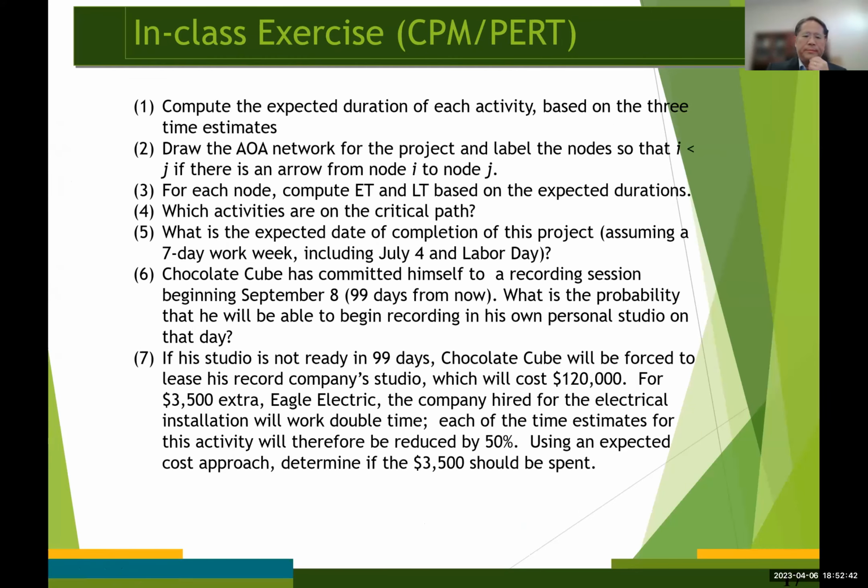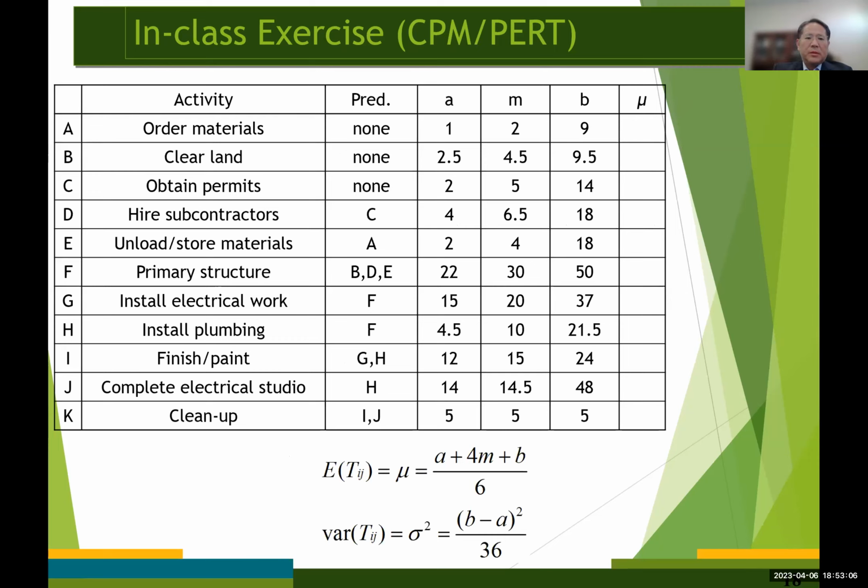Okay, so let's try to answer this series of questions. The first one is asking us to compute the expected duration of each activity based on the 3 time estimates. So for the first question, what you need is, using this formula, we need to obtain the mean duration of each activity.